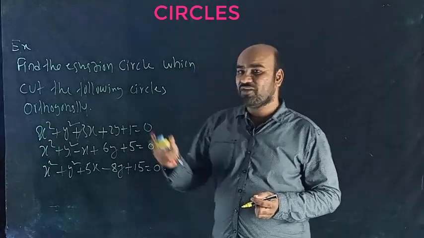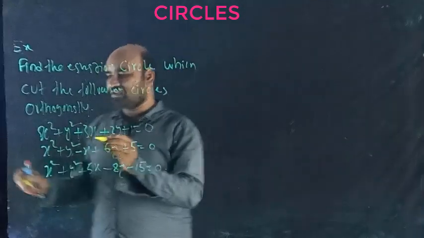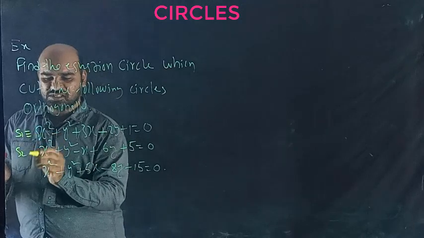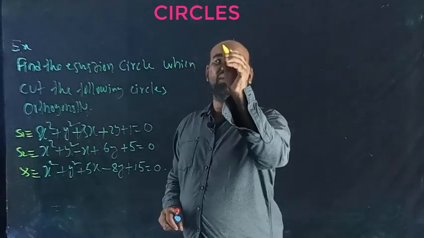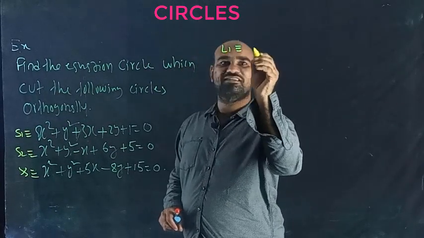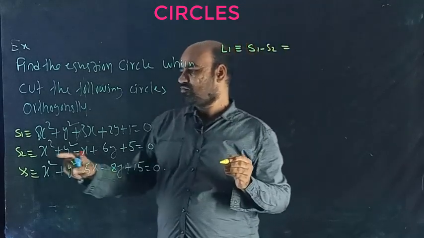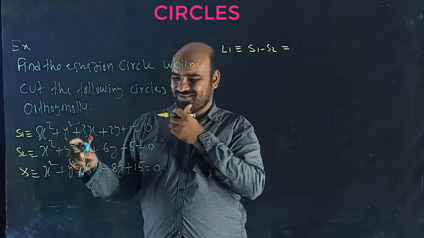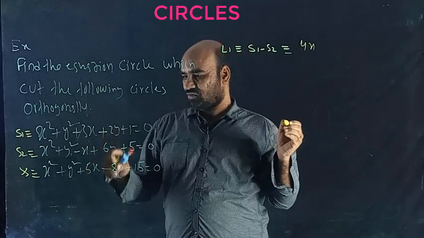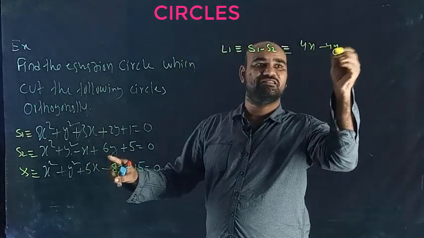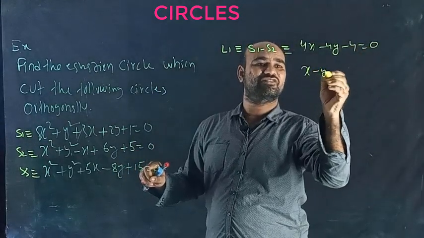First of all, we want to find the radical center. That means we first find any two of the radical axes and solve them to get the radical center. I am taking these as S1, S2, S3. One radical axis is S1 minus S2 equal to 0. This is 4x minus 4y minus 4 equal to 0, or x minus y minus 1 equal to 0.